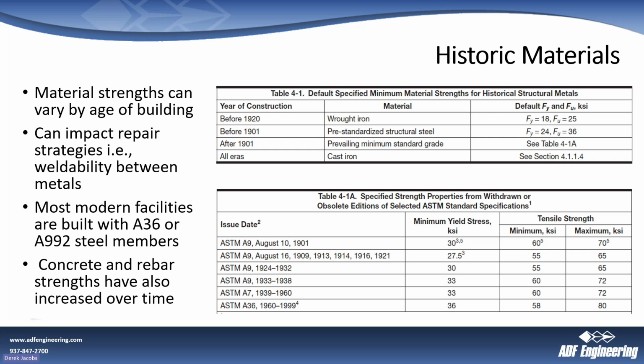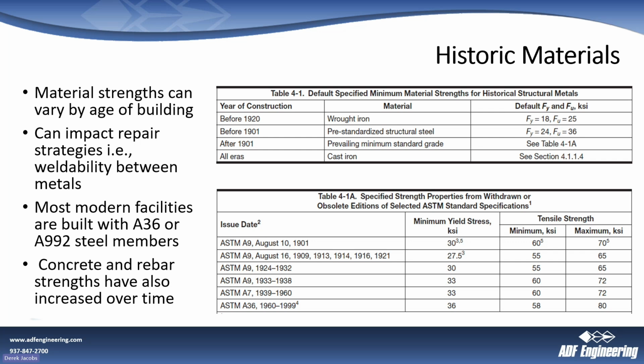You can see if you go back far enough, you can get into wrought iron, or even cast iron, and that's when you start to get into weldability issues and different kinds of issues with the repair strategies if you have to deal with that. Concrete and rebar strengths have also changed over time.